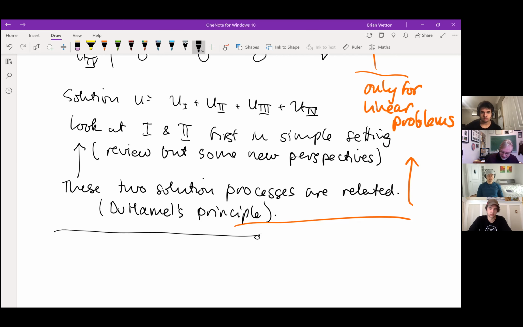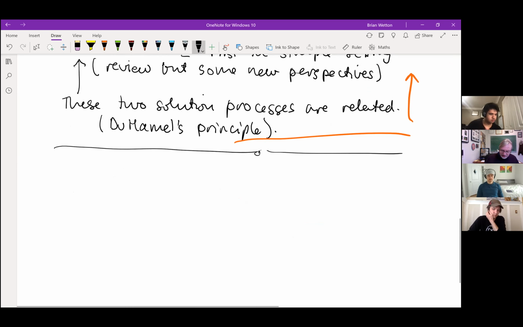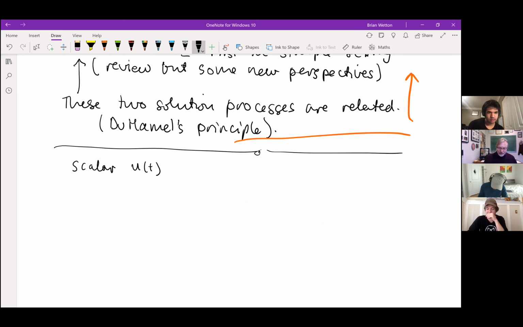Okay, so now we're heading into this review section. I'm going to start as basic as I can. Let's talk about a scalar u of t. So we're back to a scalar u, and I can write out the initial value problem, a somewhat general one, for a scalar u of t.